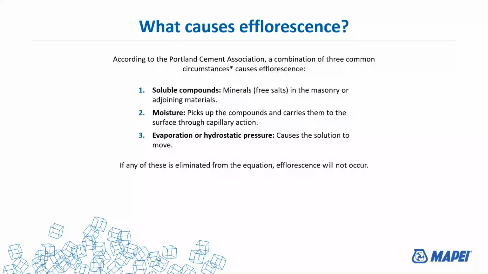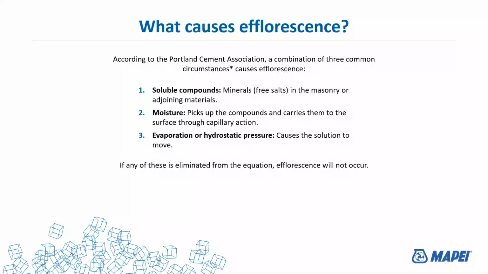Now it says if any of these issues, 1, 2, or 3, is eliminated out of the equation, efflorescence will not occur. So you have to have all 3. The reason there's an asterisk on circumstances is because a 4th circumstance can also contribute, and that is cool, sustained temperatures.